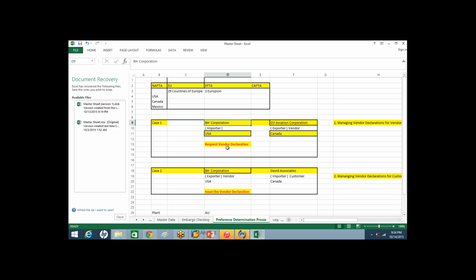Try to understand this point. After receiving the goods from Canada, what are they supposed to do? They are eligible to get some kind of benefit. Am I correct?